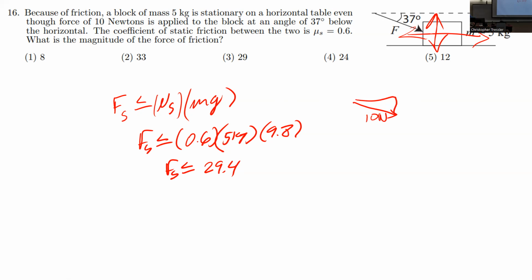It's going to be moving either left or right. Now, this is such a terrible drawing. And then this would be 37 degrees, and let's just say we're solving for A. So what is A equal to? Well, this is actually going to be the force in the x direction, right?